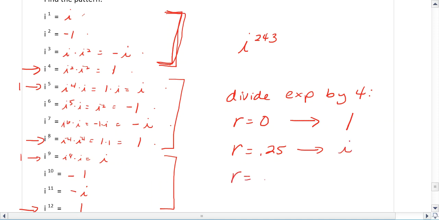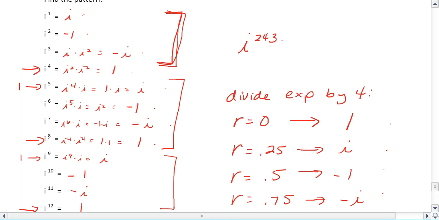Likewise, if the remainder is 2, or in your calculator that shows up to be 0.5 if you punch that in, then the answer would always be -1. And if the remainder on your calculator shows 0.75, if you were doing the division problem, it would show as a remainder of 3, then the answer is -i. It always has to be one of these 4 answers.